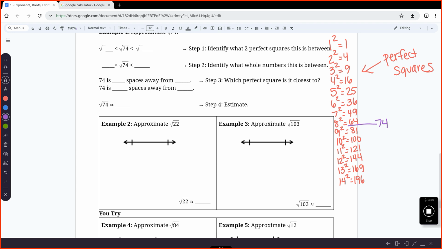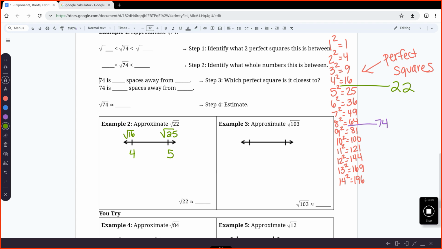So 22 is somewhere between 16 and 25, right? So this is where we would have 22. So the square root of 22 is between the square root of 16 and the square root of 25. The square root of 16 is 4. The square root of 25 is 5.